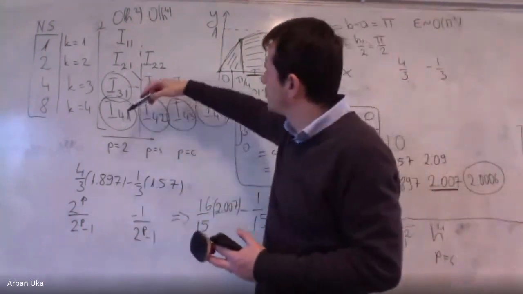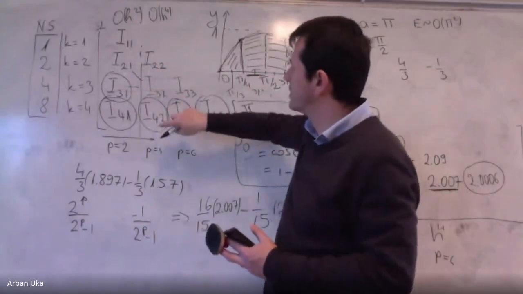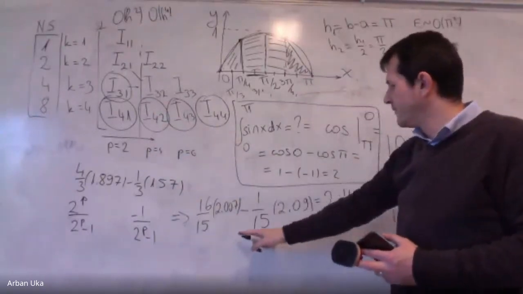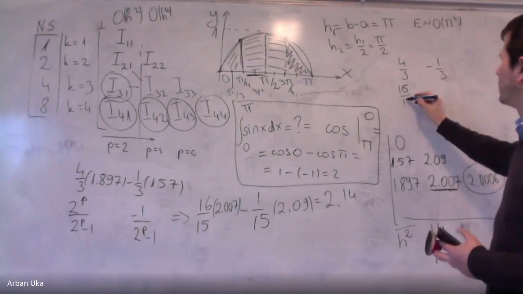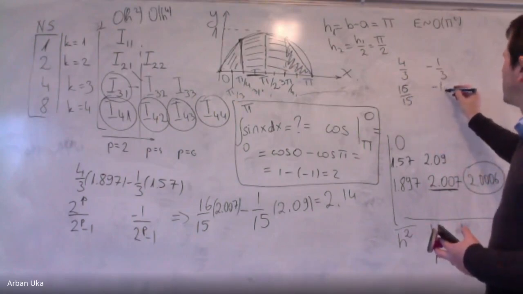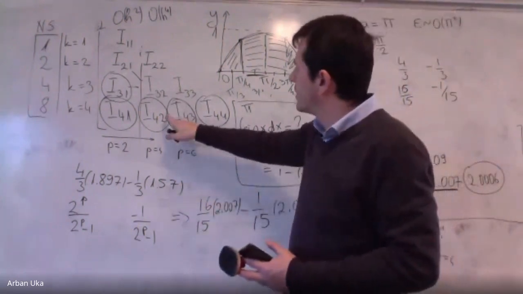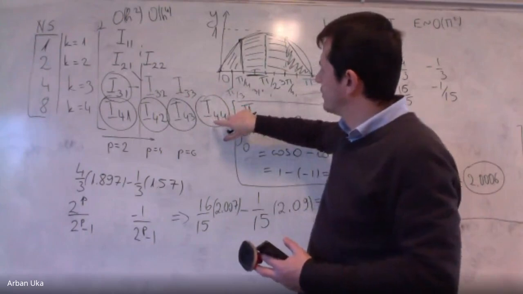This was how to combine these two values to get this. Then, to go from the second column to the third, we used coefficients of 16 over 15, minus 1 over 15, okay? But then, how can we combine two values in the third column to go to the fourth column?